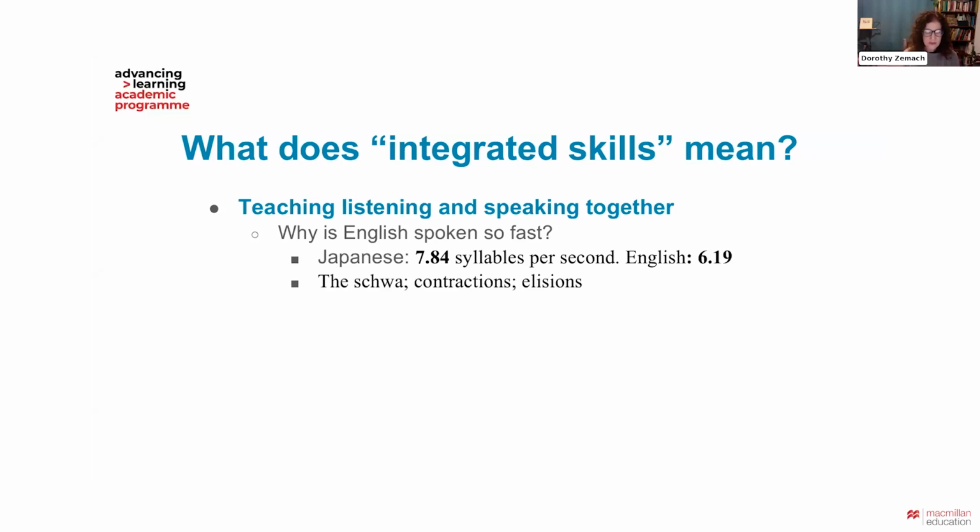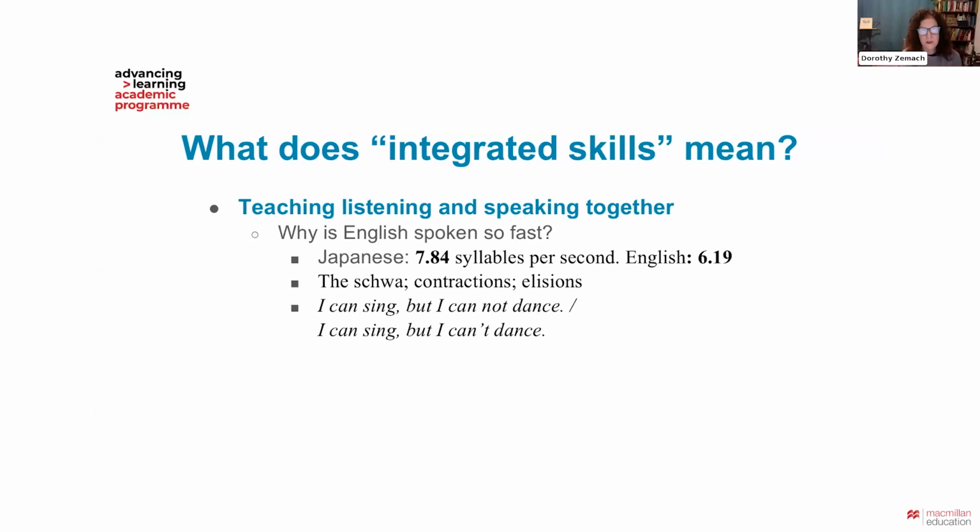And I would say it's because of our schwa sound, and contractions in spoken English, and elisions, those connections between words where one word blends into the next word. So, for example, if a learner says to me, "I can sing, but I can't dance," I can understand that person.